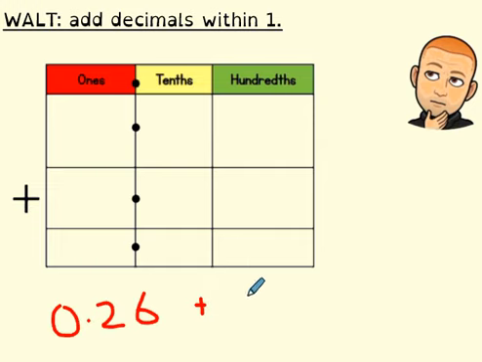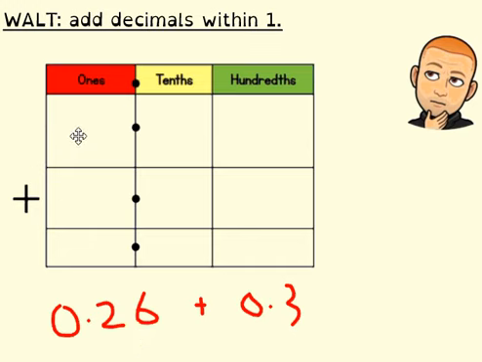So yes, this is slightly more tricky because I've got two numbers after the decimal point here, and I've got one here, whereas before I just had one after each of my decimal points. But we're not making it too tricky at the moment because this is mental math stuff really. So 0.26, let's have a go at representing it on a place value grid, apologies.